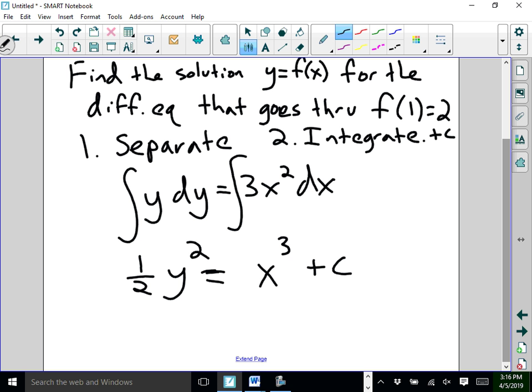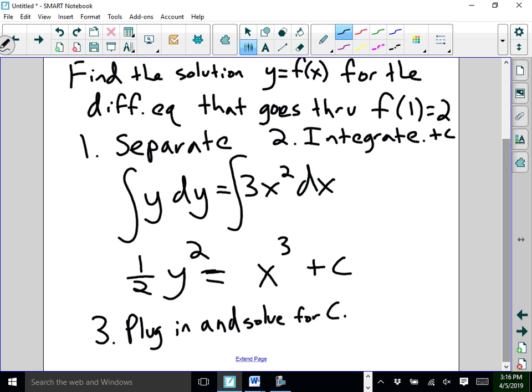Now I have to identify what this C is going to be. So step 3 is plug in and solve for C. All right, so I'm going to plug in my point.